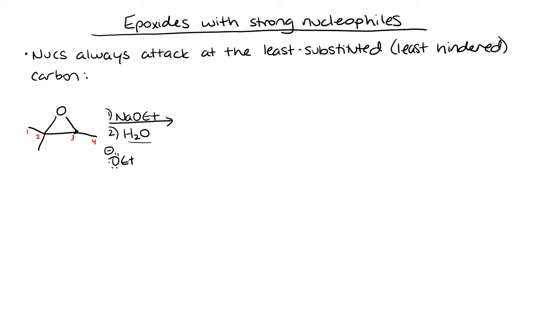We also have a methyl group here that I can number as number 5. So our ethoxide is going to come in and it's going to attack carbon number 3. That's going to cause the bond between carbon 3 and the oxygen to break, and the electrons are going to go up onto the oxygen. Now there's no acid in this solution, so the oxygen is neutral and will ultimately get a negative charge.